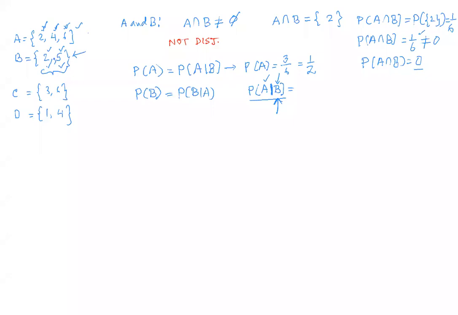Now for A to happen also, you have to have 2 happen, right? Not 5. If B happened by rolling a die and getting a 5, then A has not happened, right? But if you roll a die and get a 2, in that case B happened as well as A happened, right?